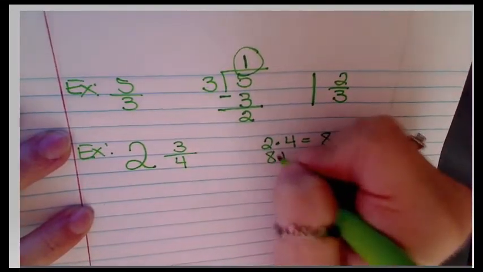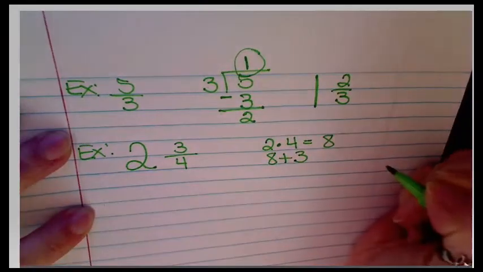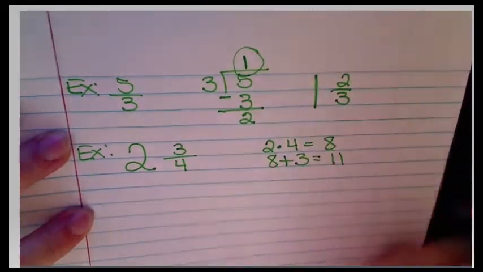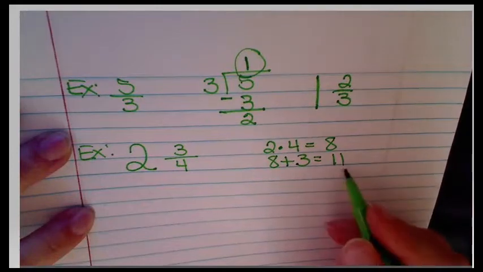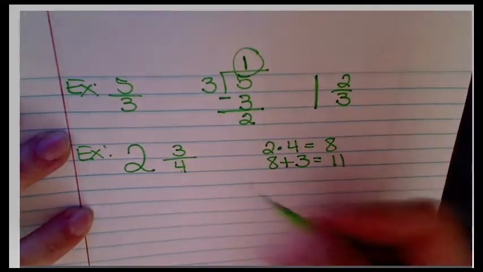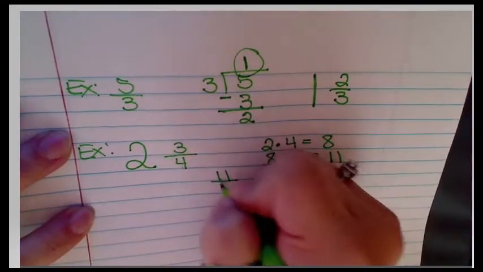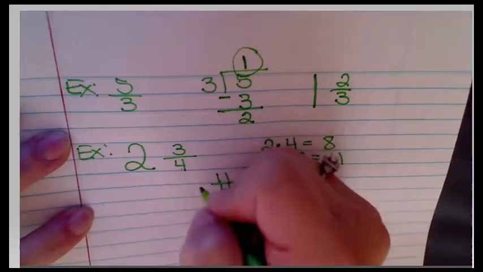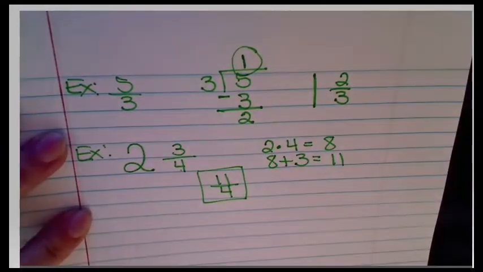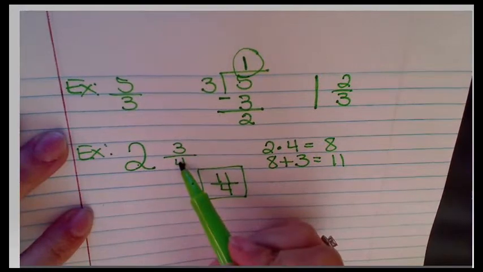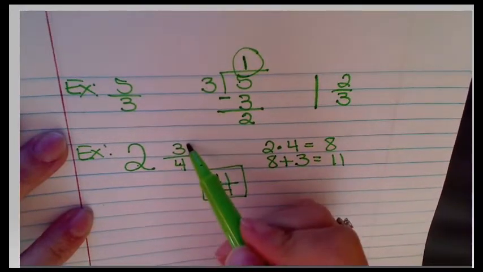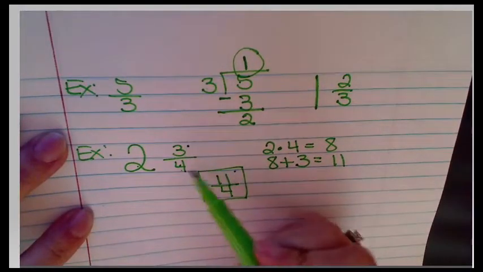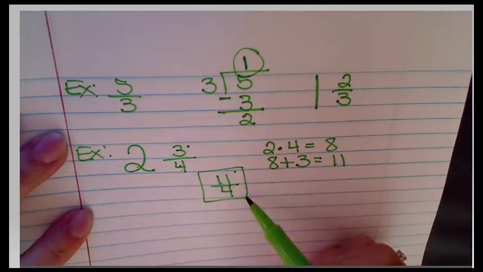So that gives us 11. We're going to place that 11 over our original denominator, 11/4, and that is our answer. So you take 2 times 4, you add in the 3, that gives us the 11, and we place it over the original denominator. That's a mixed number to an improper fraction.